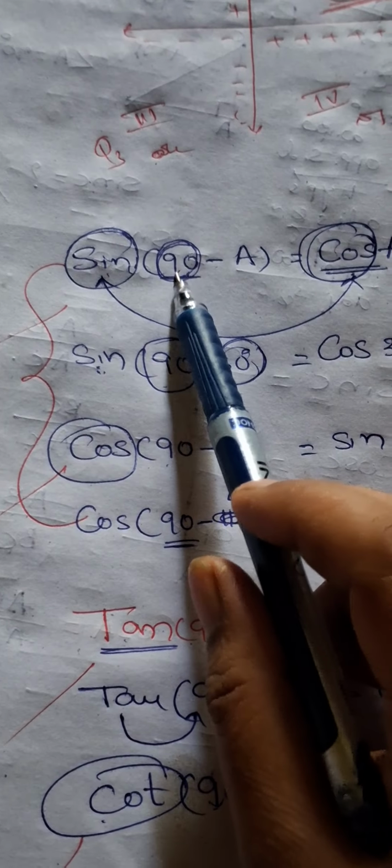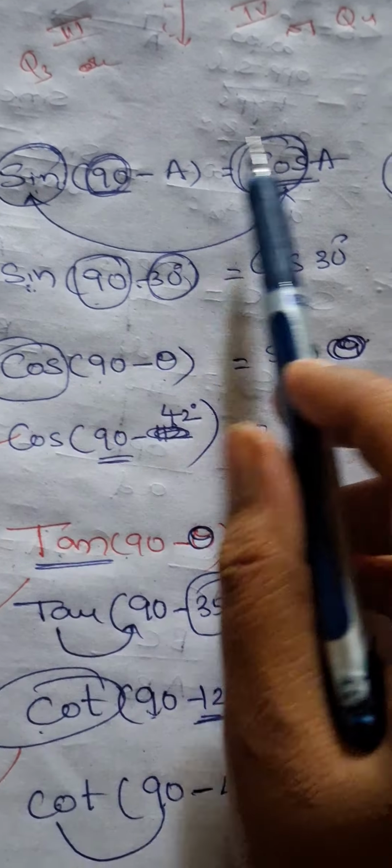Sin 90 minus C, if you see 90, sin will change to cos.